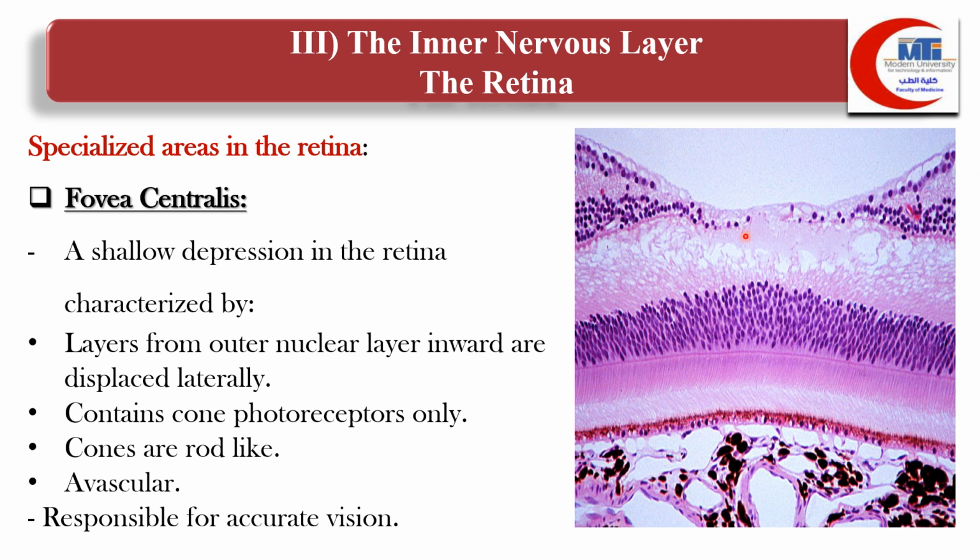This area contains only cone photoreceptors, and the cones present are rod-like. This part also lacks blood vessels and is nourished by the choroidal circulation. The fovea centralis is responsible for accurate visual acuity.